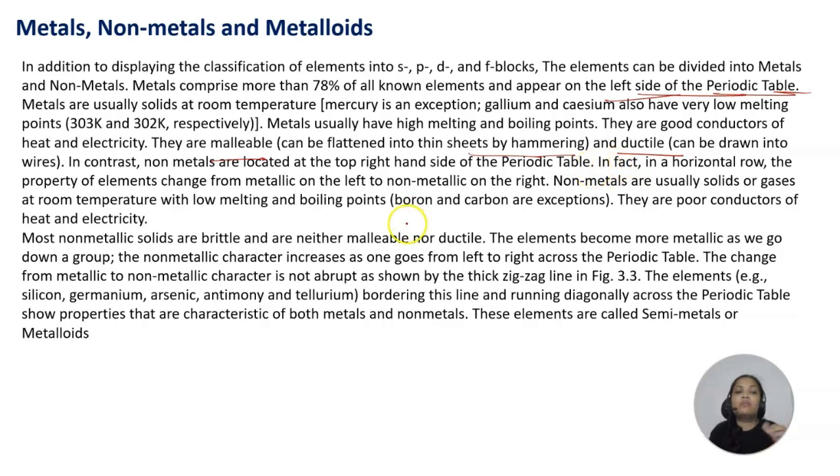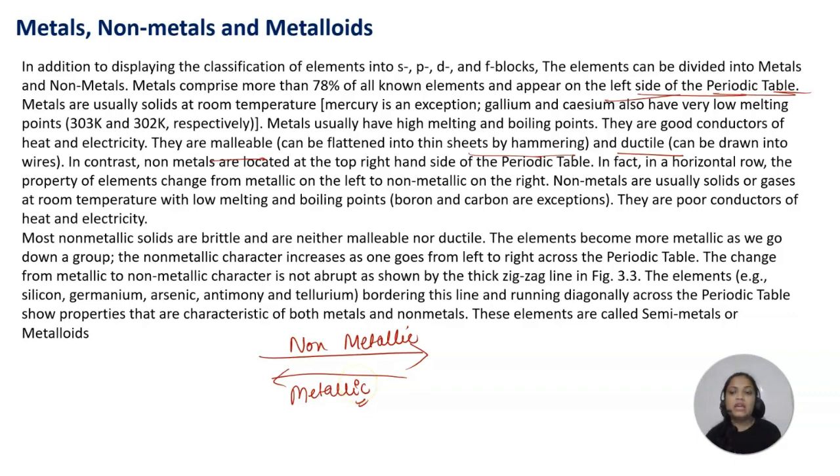If I am talking about non-metals, they are on the top right hand side of the periodic table. When we move left to right, the non-metallic character is increasing, and the opposite side is metallic character. Non-metals, we all know, are usually solids or gases at room temperature and have low melting and boiling points.